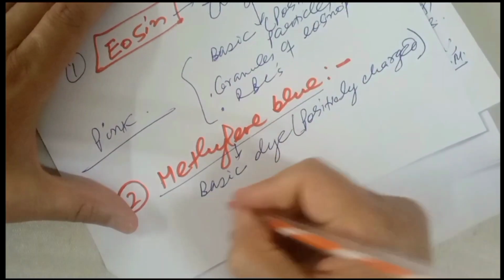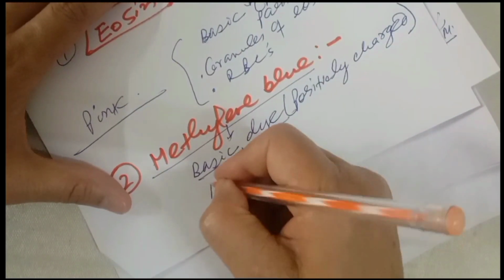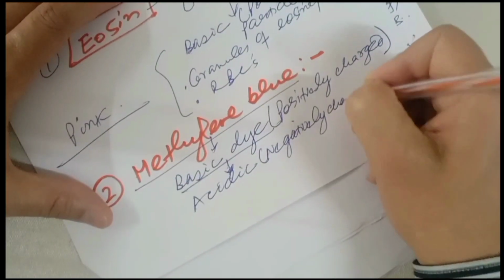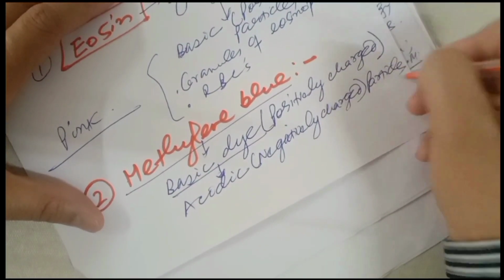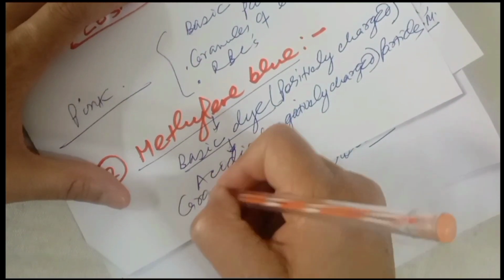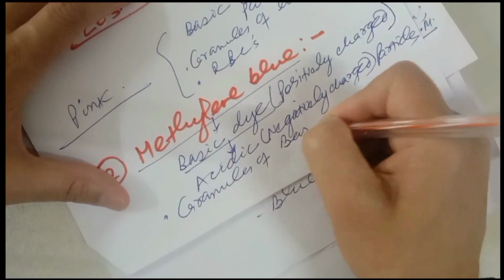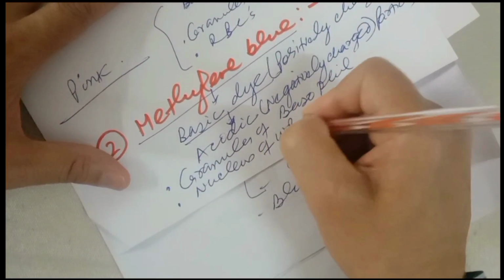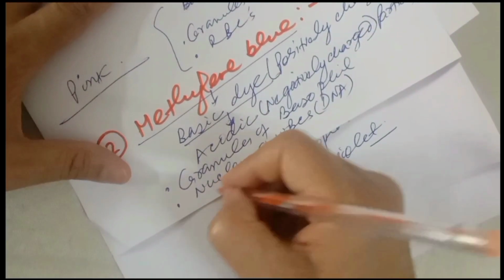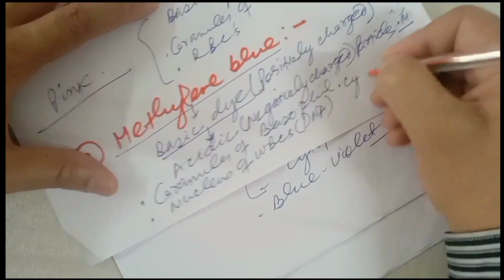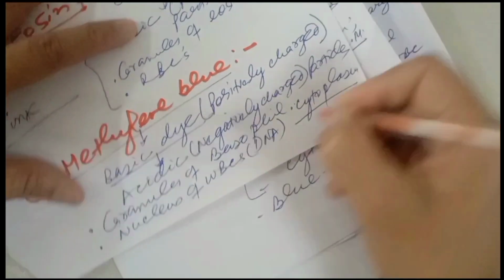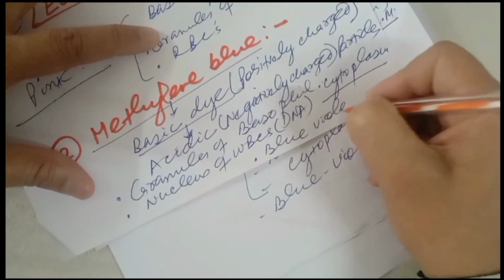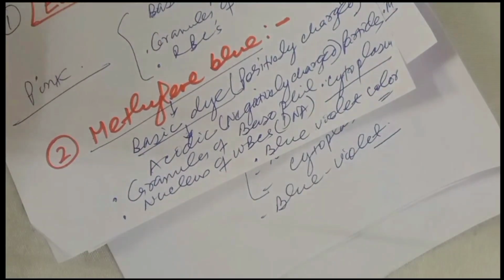As it is a basic dye, it will stain the acidic or negatively charged particles, like the granules of basophil, then the nucleus of WBCs, which has DNA, and also the cytoplasm, and it imparts blue violet color.